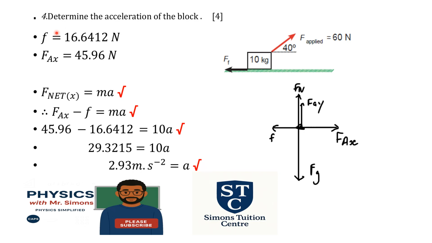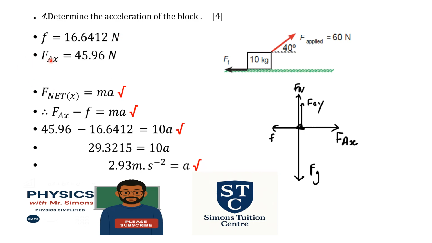Now ultimately all Newton's problems, especially second law, should end up where they say determine the acceleration of the blocks. So Newton's second law says my forces in the net direction must equal my mass times my acceleration, or F equals ma. So we got the friction as 16,6412 newtons.